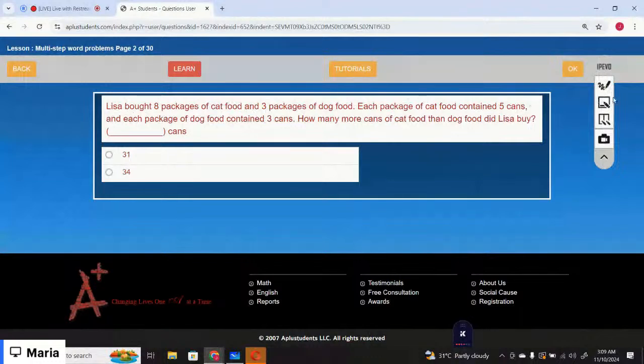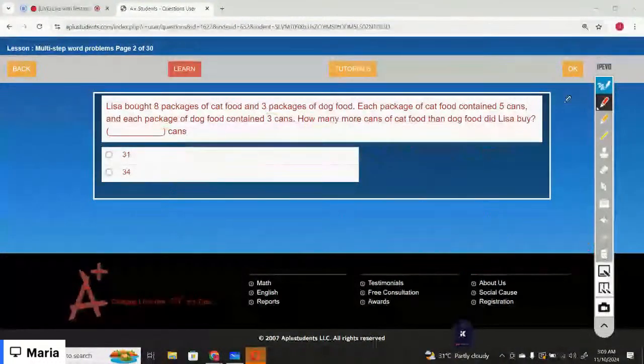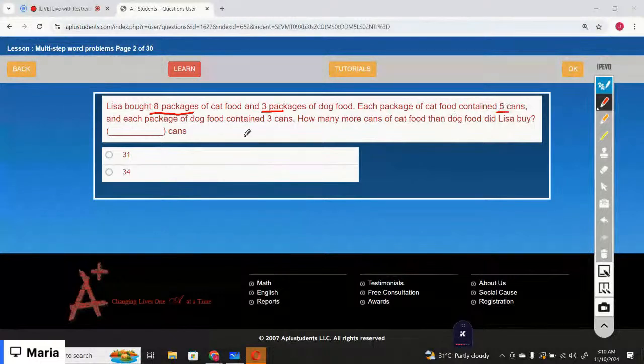Okay, 8 packages of cat food and 3 packages of dog food. Each package of cat food contained 5 cans, right?